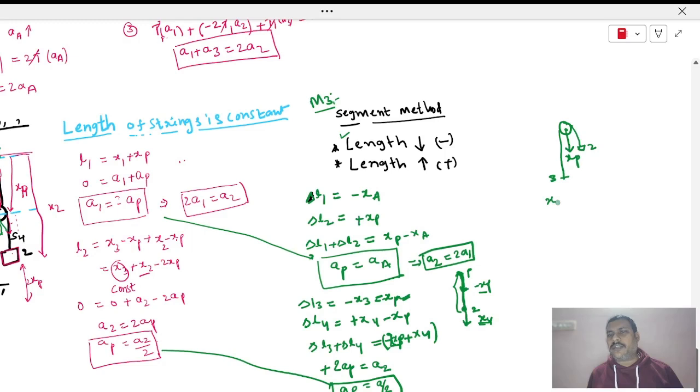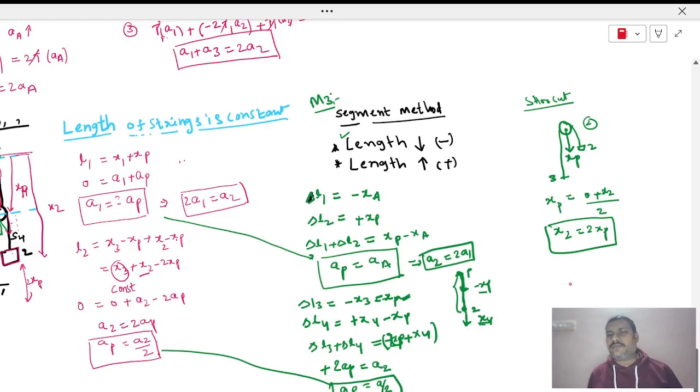Now shortcut method: x of the pulley is equal to, this is not moving, so 0 plus x2 in the same direction of motion of the pulley, that is equal to x2 by 2. x2 and x3 direction I have to check, then x2 is equal to 2 into xp in the shortcut method. So x2 is equal to xp. This is for pulley 2.